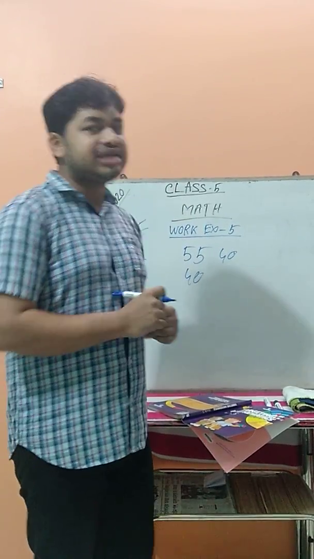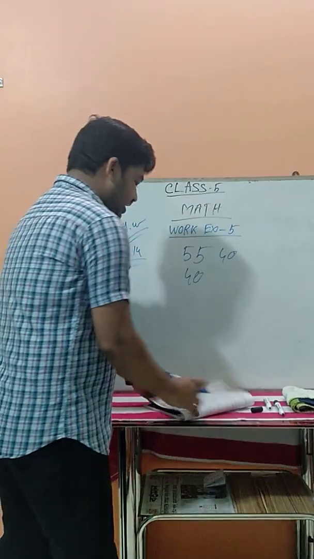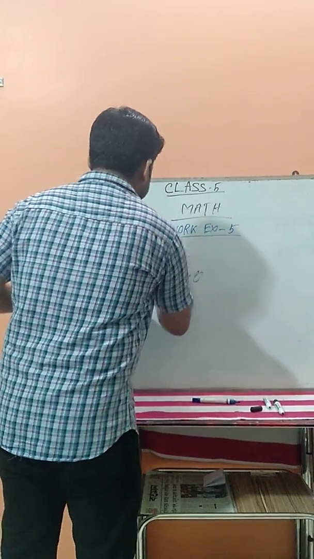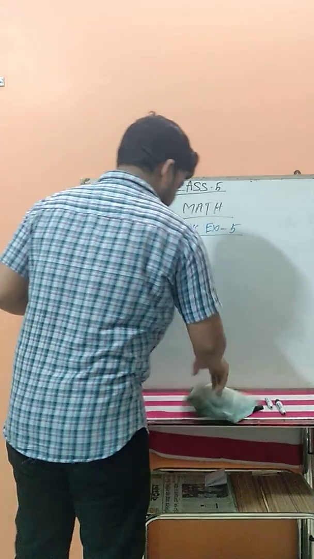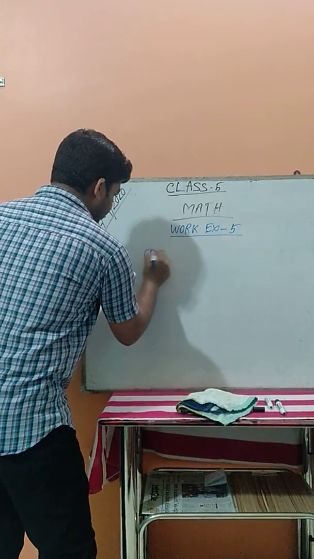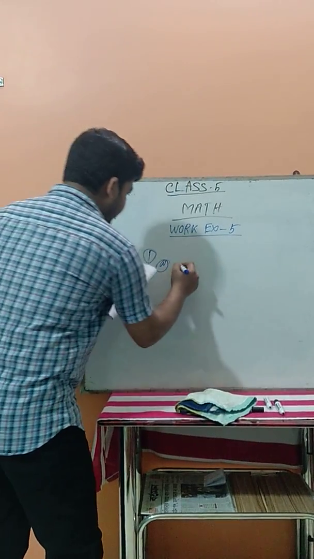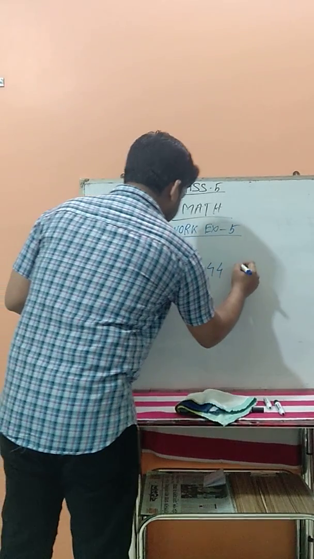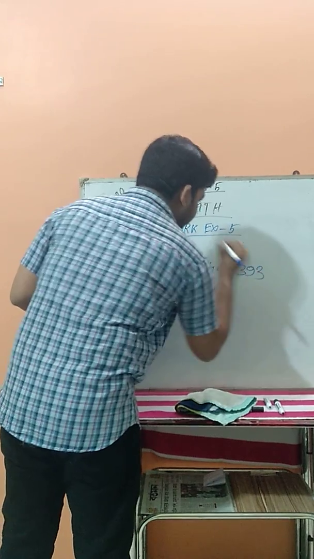Now I'll show you one example. You see the first one, exercise 5, number 1A. How to arrange the numbers? See, number 1A. First is given 73,44,393. Okay?